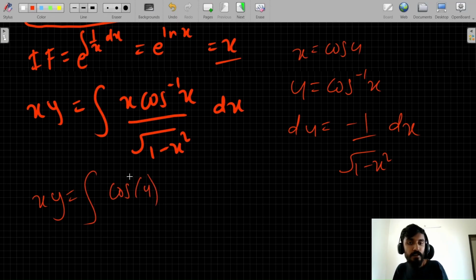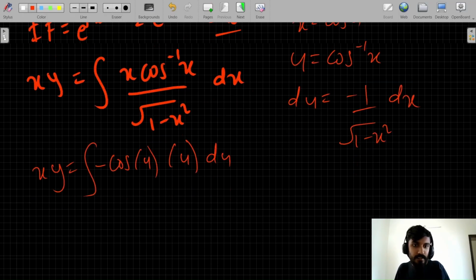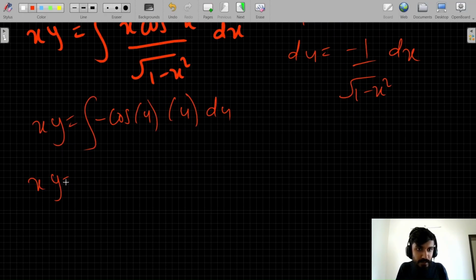Now, in the exam, how do you realize that this is the way to go? Well, you have cos inverse x, and derivative of cos inverse x is minus 1 by root of 1 minus x square. So all this links up together to be this way, and I'm sure you must have encountered this in other PYQs as well. So u cos u du with a negative sign, right? Now, how do you solve further?